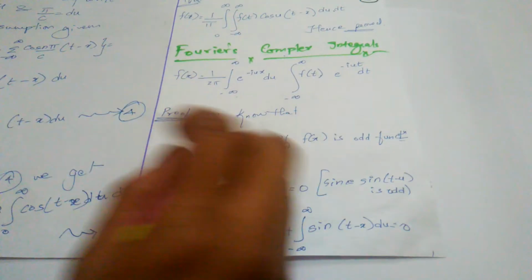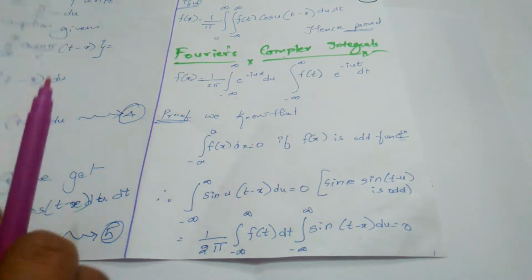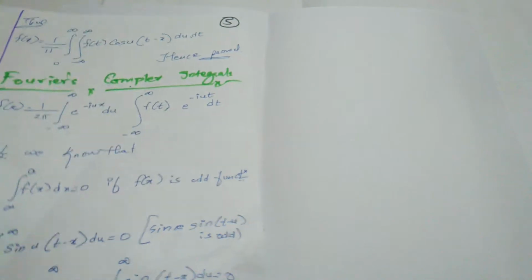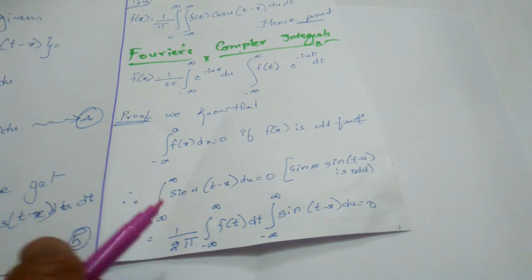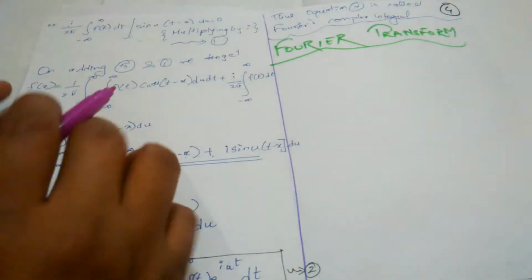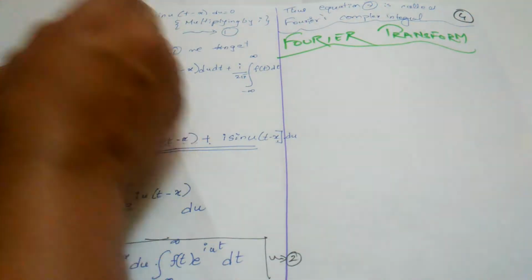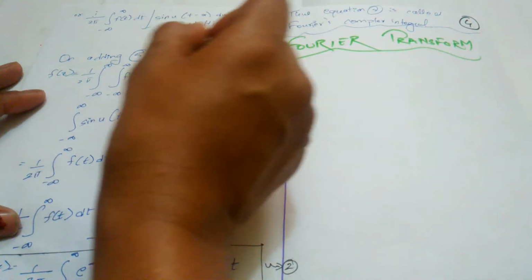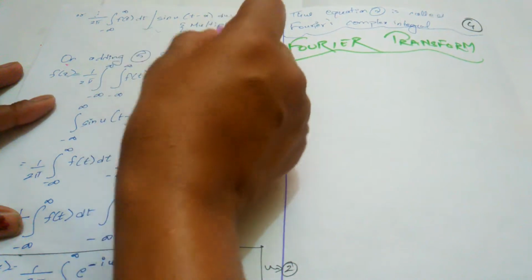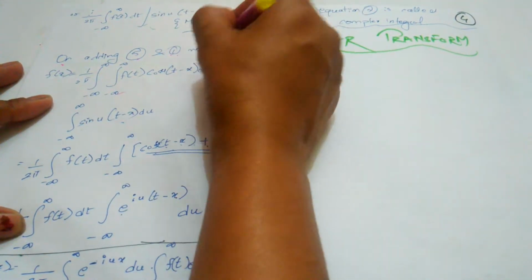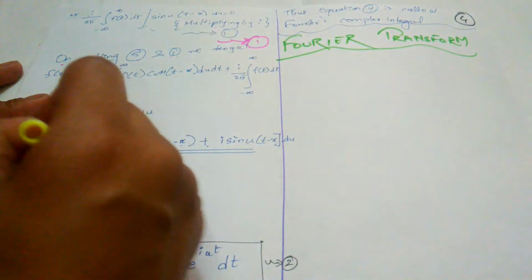This is just a basic substitution which we have to do. So my step 1 is, on adding equation 5 and equation number 1, we will get something like this. So this is your step 1.